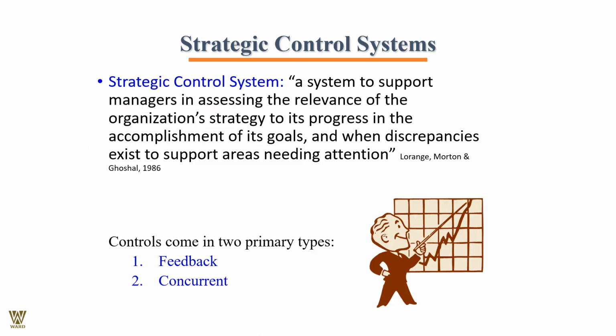Now, a strategic control system will tell me exactly how things have been happening on an ongoing basis. It is a system to support the managers in assessing the relevance of the organization's strategies to its progress, when a discrepancy exists, and which areas need attention. This is based on continuous feedback that is given to you on a concurrent basis.